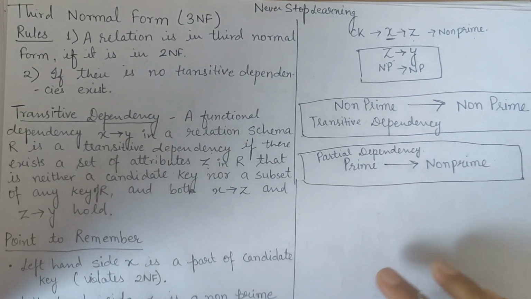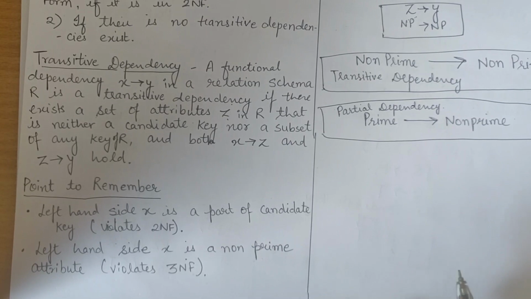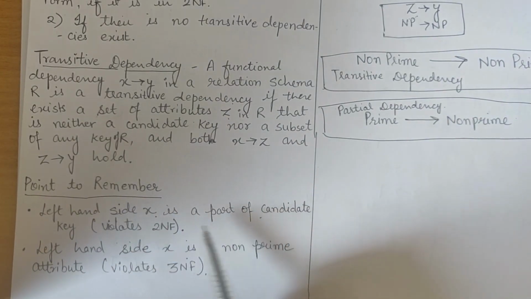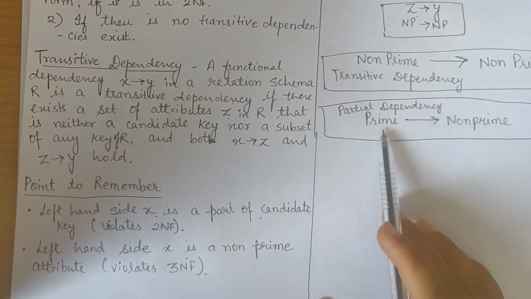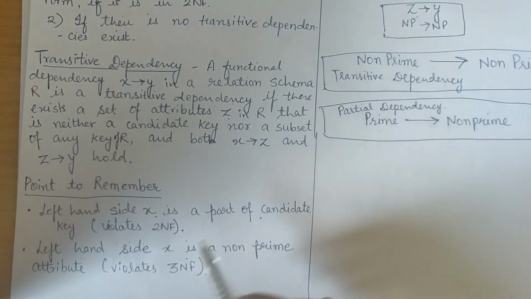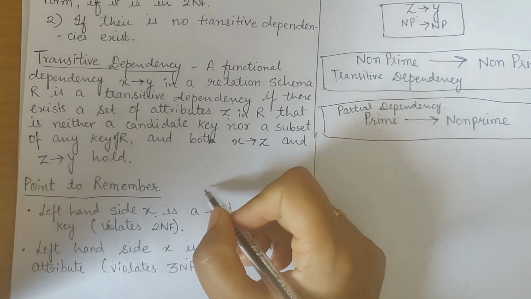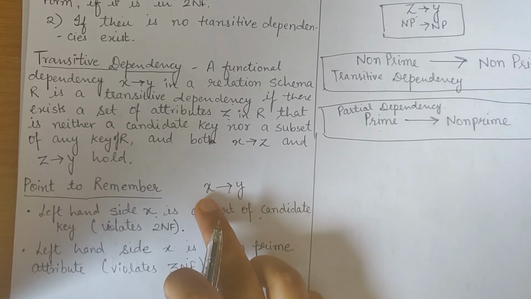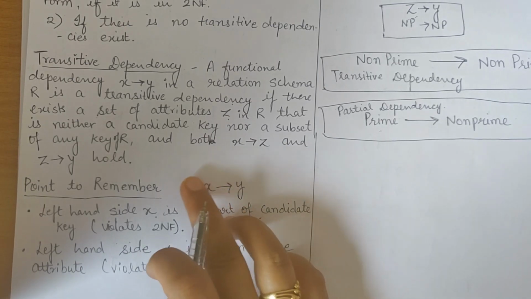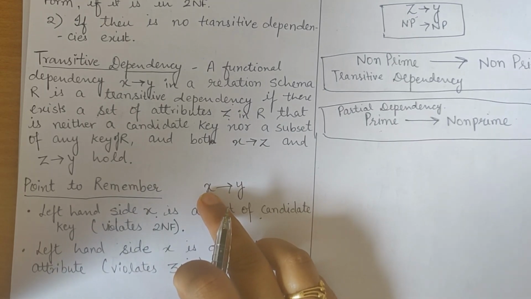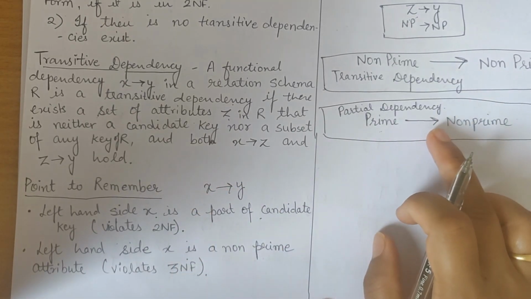Fine. So points to remember. Let us suppose there is a relation X determines Y. If the left hand side X is a part of a candidate key, that means it is a subset of a candidate key, then it is a problem.